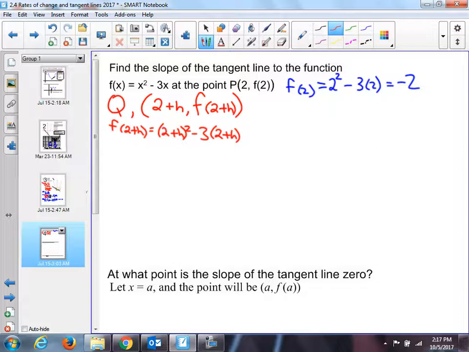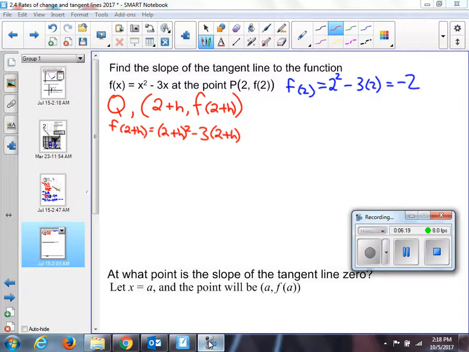You zip that through a little bit here. Let's see what you guys get. I'll pause. Let's work this out.